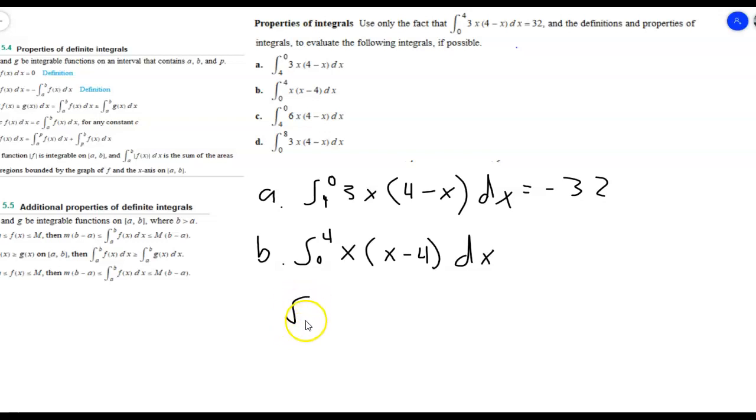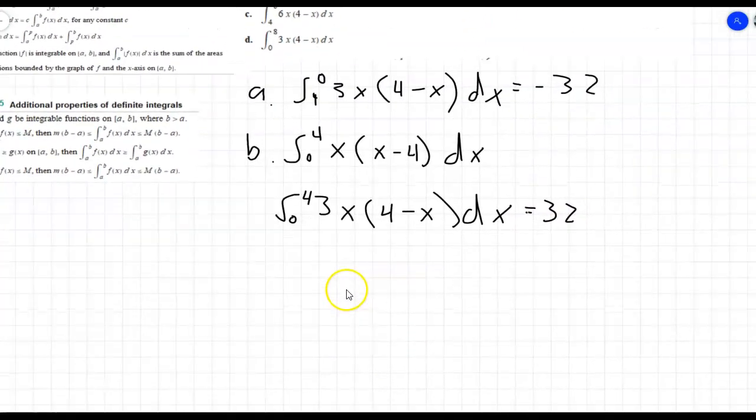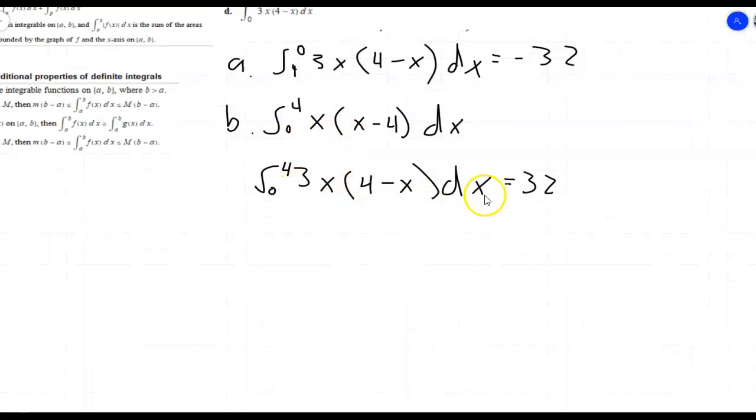So I know that from the top up here, the integral of 3x times 4 minus x dx is equal to 32. I'm going to work with that and see what happens with my answer.